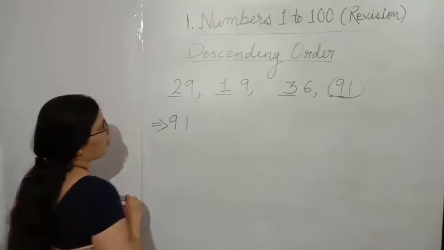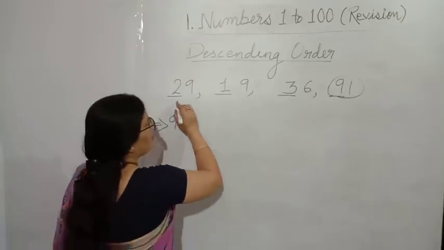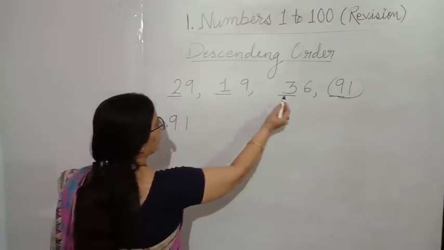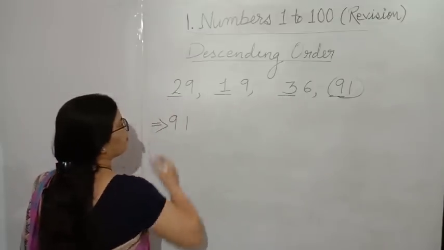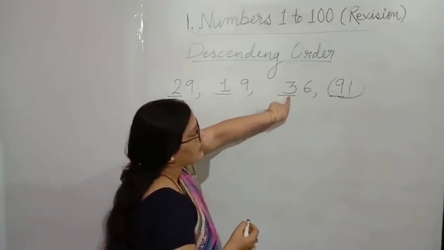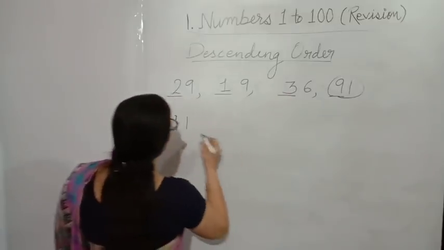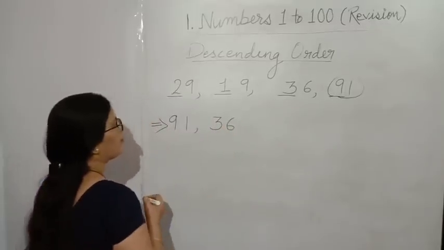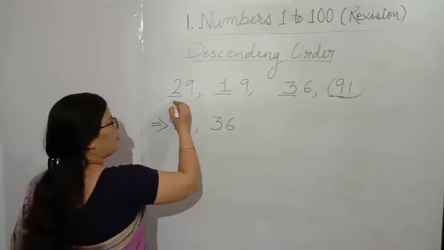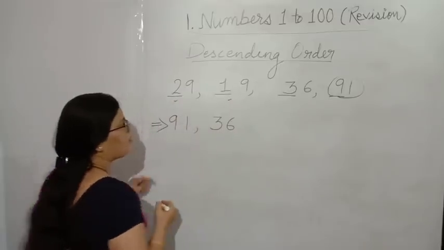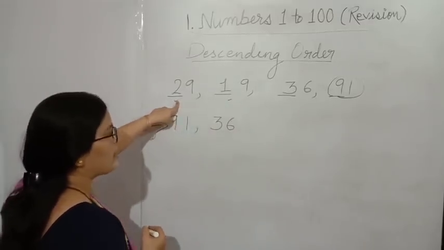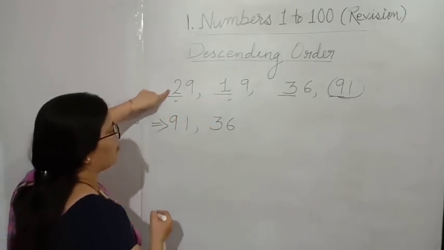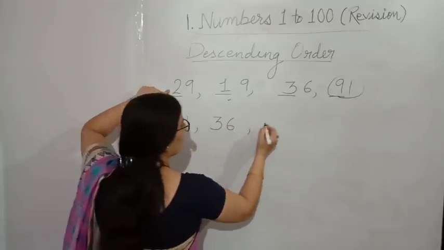Now which is the biggest number among the other three? 29, 19, 36. 3, 1 and 2. Which is the bigger one? Biggest is 36. So the next number in the list will be 36. Now 29 and 19. Which one is bigger? 2 is at tens place and 1 is at tens place, so the bigger number is 29.